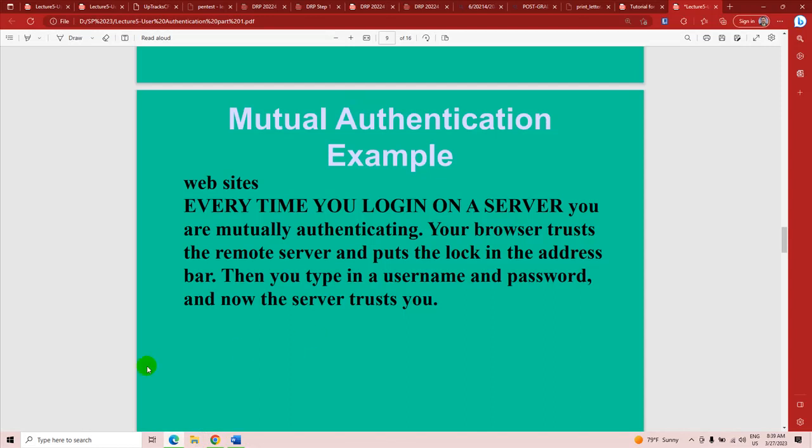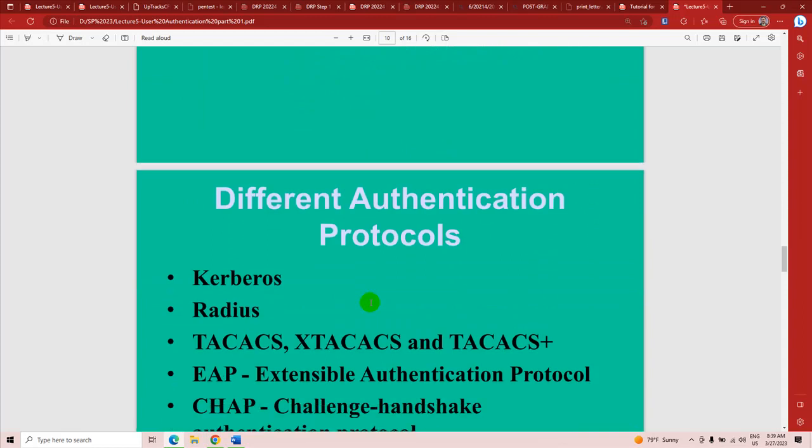It means the target system, the server, is authenticated. Then you are prompted to enter your username and password. Now the server is asking for your identity, asking you to verify your identity. This is called mutual authentication. Clear?